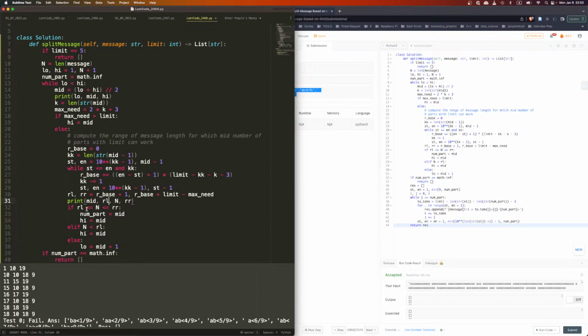Now I got mid is 10. Range left. Range right is smaller. That is bonkers.